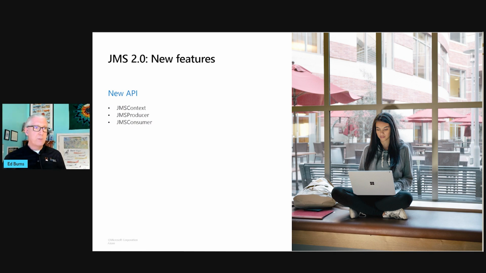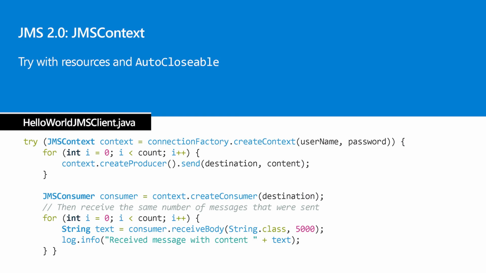So, new features. The big one is just this new API that was introduced in 2.0 with the JMSContext, JMSProducer, and JMSConsumer APIs. The first one I want to mention is the JMSContext. Here is an example of the try-with-resources and the AutoCloseable.